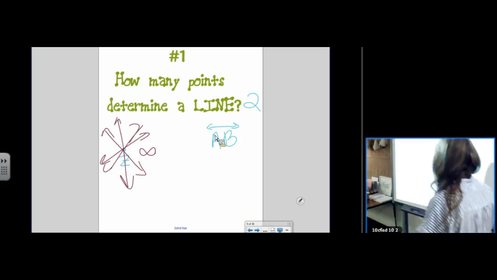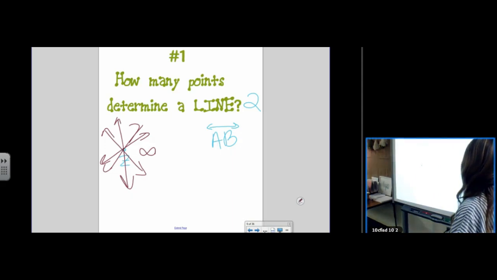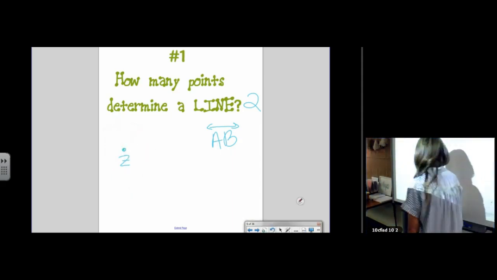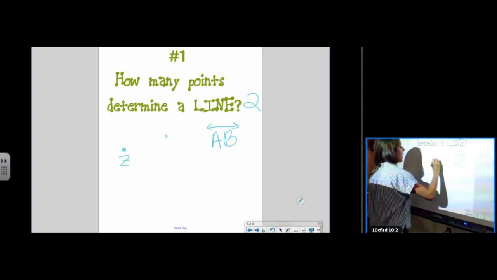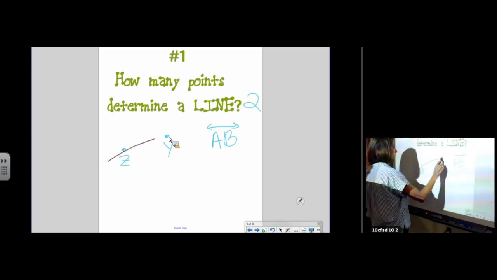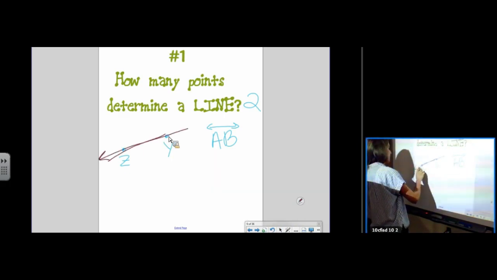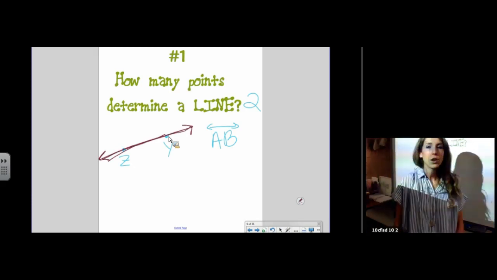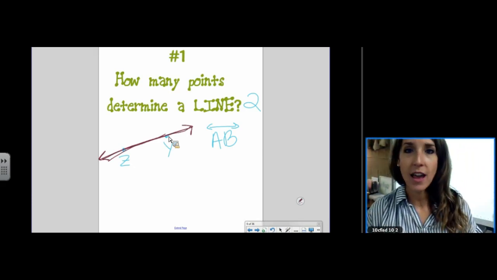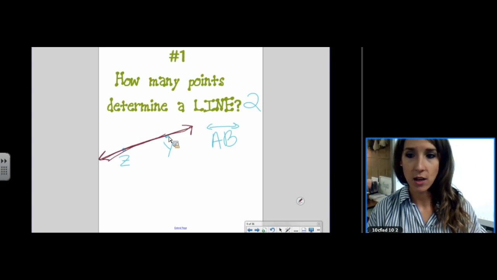But then, if I undo all of that, let's see. Okay? But then, if I have 2 points, oops, let's pretend Miss Tanton can draw a straight line today. Could you draw a different line than I drew through Z and Y?